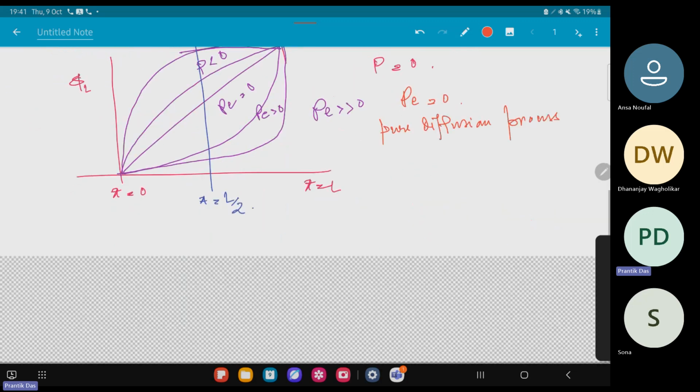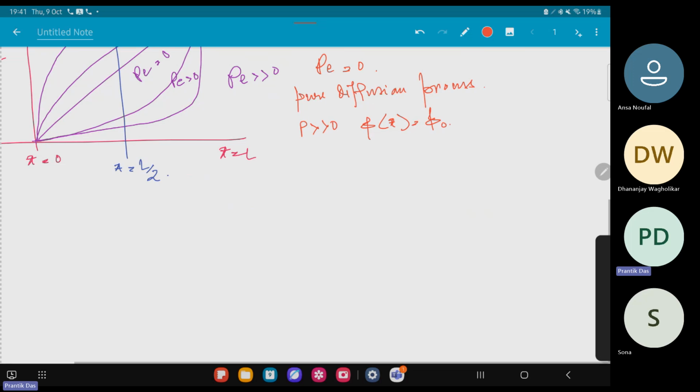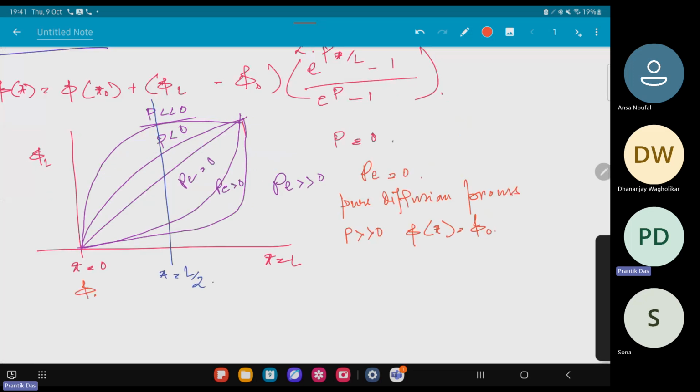So if the Peclet number is very, very greater than zero, phi(x) is equal to phi_0. Here phi_0 and phi_L are the temperatures at both ends, x equal to 0 and x equal to L. And if the Peclet number is very, very less than 0, then phi(x) is equal to phi_L, at x equal to L by 2.